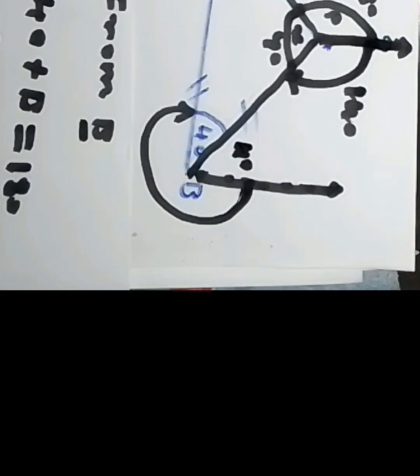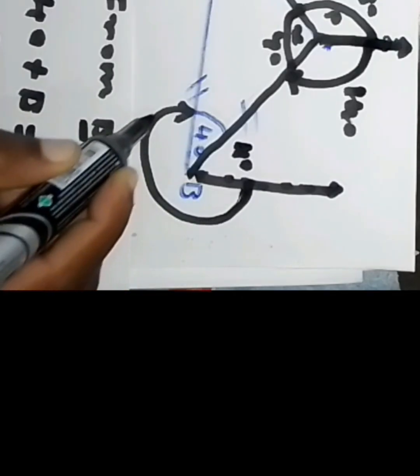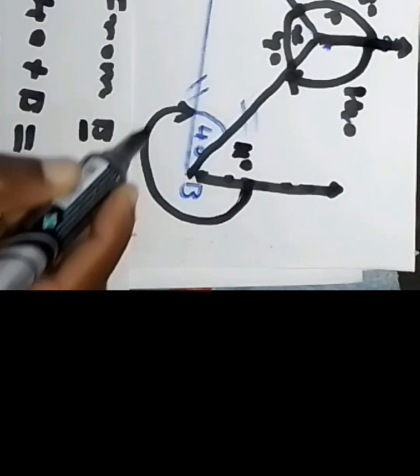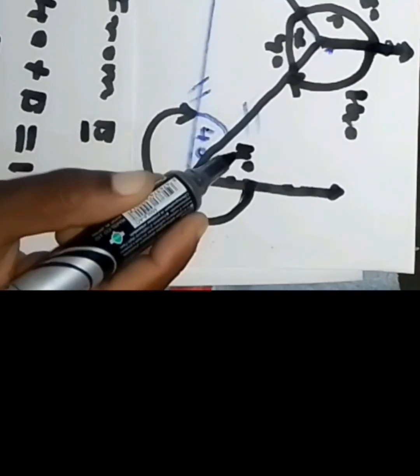Then we say 40 plus 40 is 80, and 360 minus 80 is 280. That is going to be our bearing.